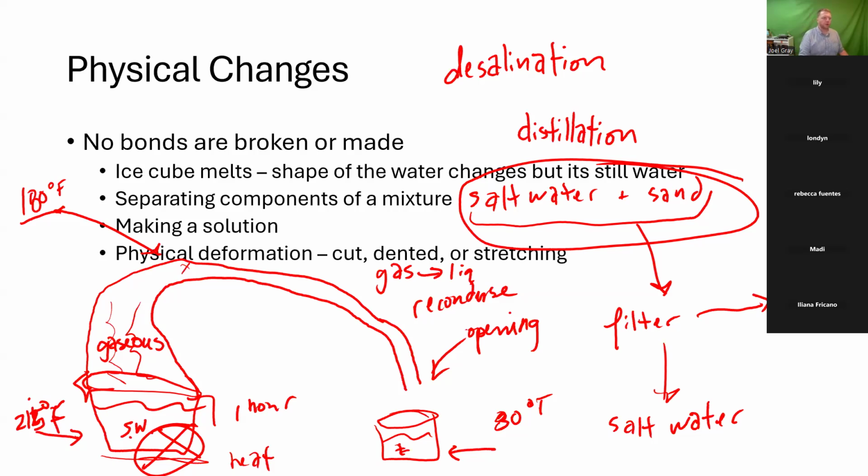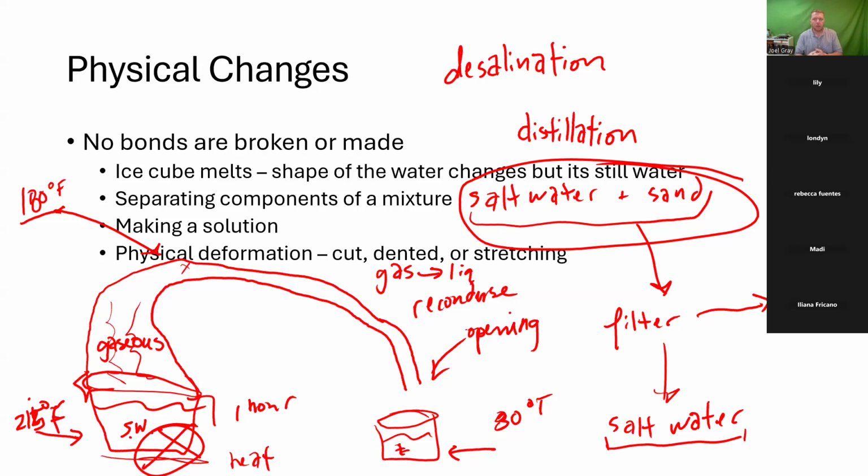The salt water, on the other hand, is a solution. If you leave salt water just to sit for a week, ooh, that's going to be tough for that to separate. But if you add heat, well, the water will evaporate, the salt will not.